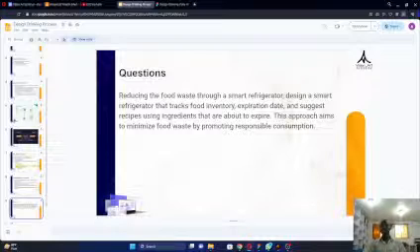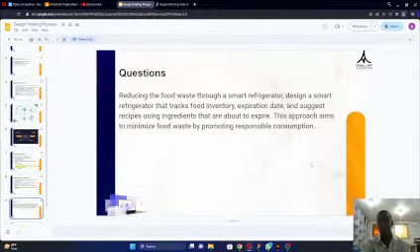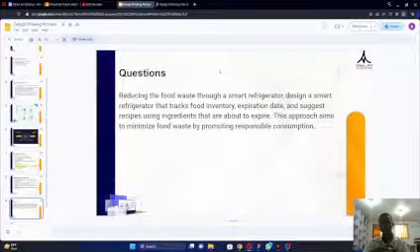This approach aims to minimize food waste by promoting responsible consumption. Now, what we are going to be doing here is highlighting how we can solve this problem using the design thinking approach. So let's go into our whiteboarding page.